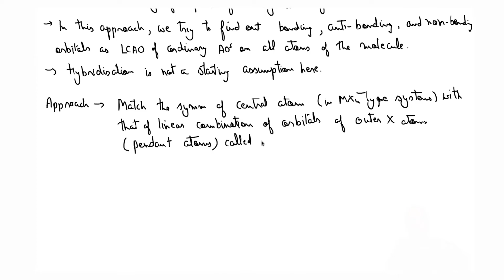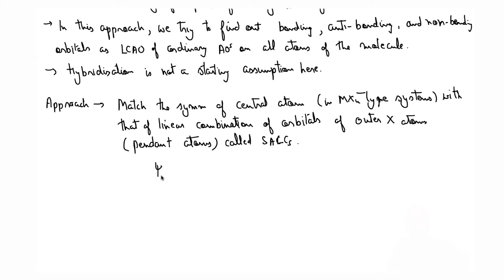We have seen this approach. These are called SALCs. So we create SALCs using the outer X atoms, and then we match the symmetry of the central atom with those SALCs and combine them to form molecular orbitals.